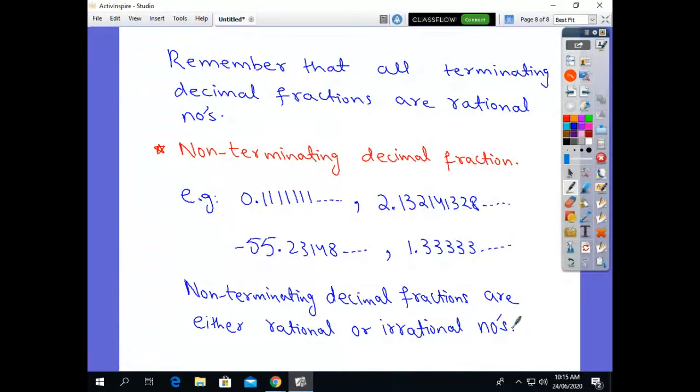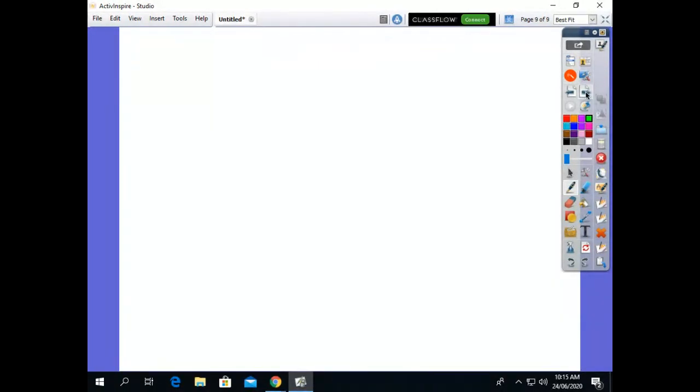Which means all these numbers are either rational or irrational. Which ones are rational and which are irrational, we'll tell later on.